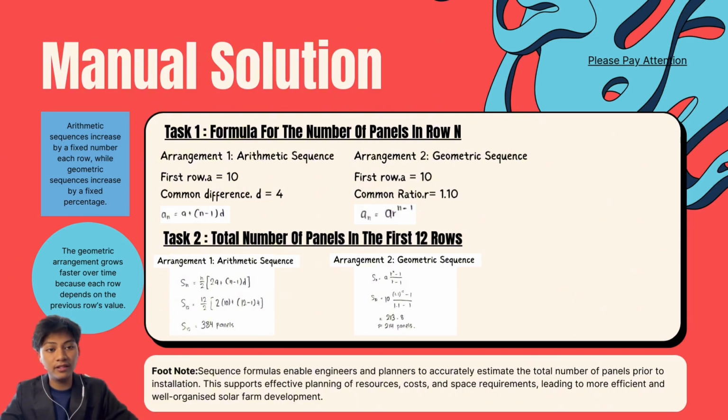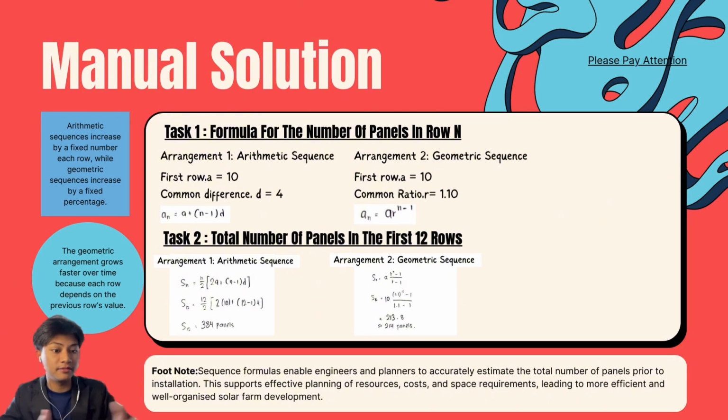For the common difference, or the difference between the current row and the previous row, d equals 4. With that, we can substitute all the information into the given formula: an equals a plus bracket n minus 1 bracket times d.